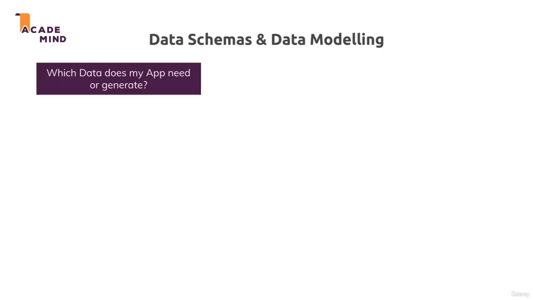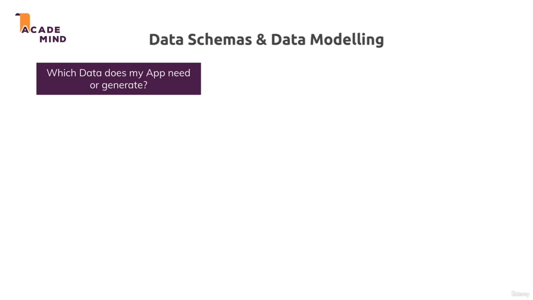One important question is, which data does my app need or generate? And the term app definitely should be understood in a very broad sense here. This can be a mobile app, this can be a website, it could be a smart device generating data, like a fitness tracker sending GPS coordinates. The idea is my business model, you could say.